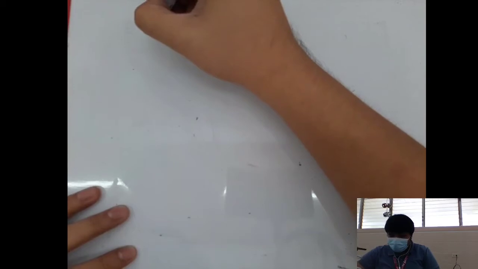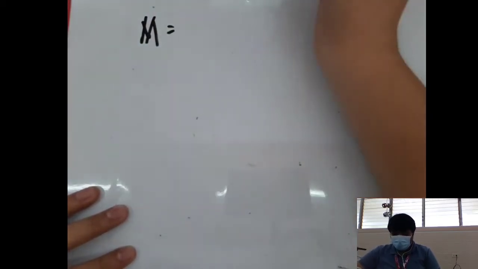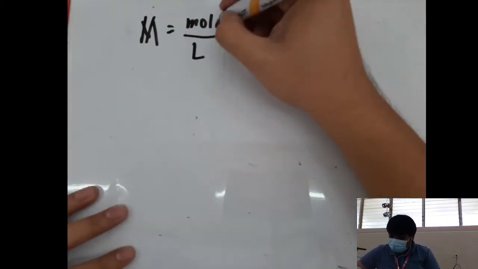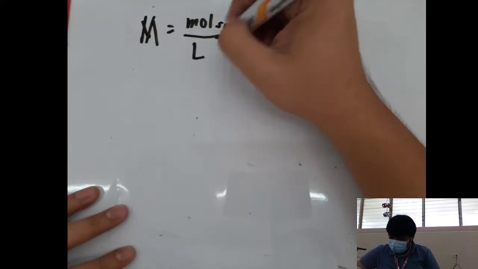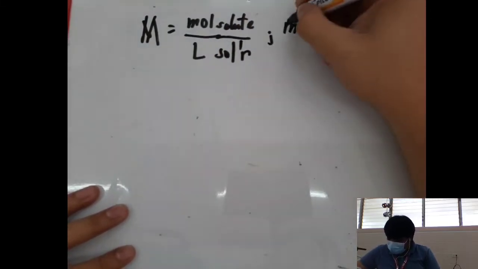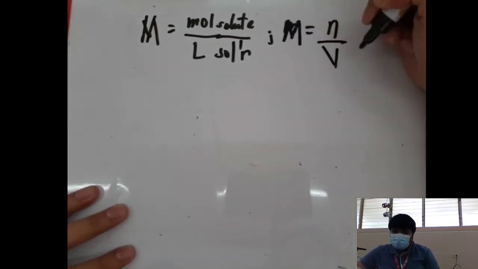We know that molarity as a unit is moles of solute per liter of the solution. So we can say that molarity is equal to moles per unit volume, right?